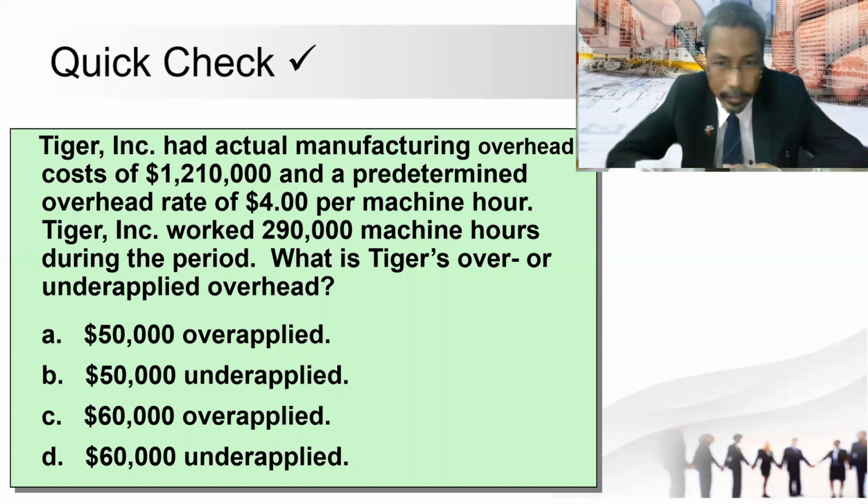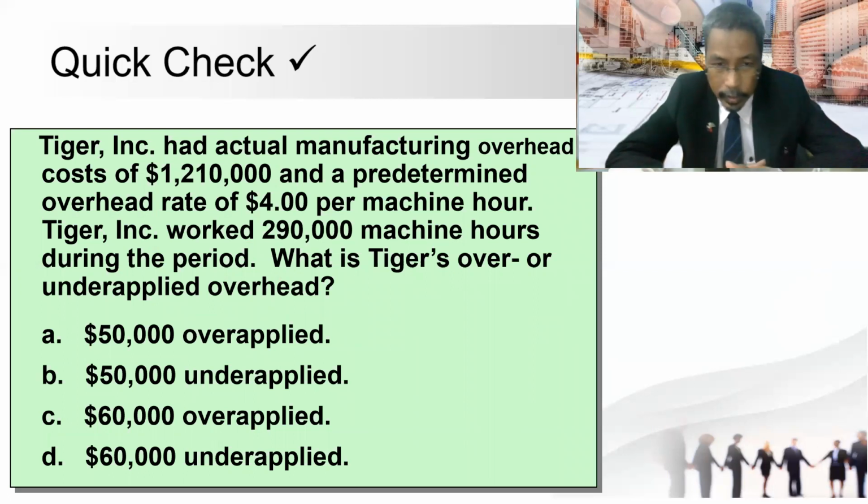Well, let us see. Actual is $1,210,000. Machine rate is $4 per hour.